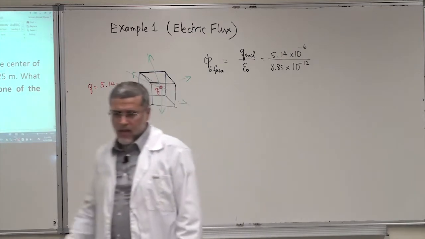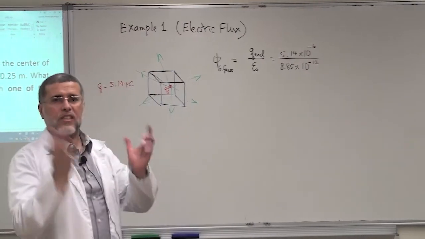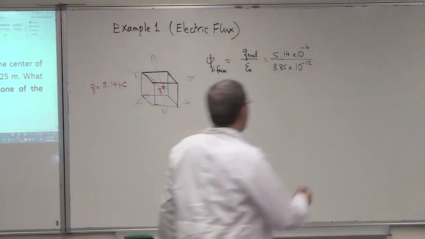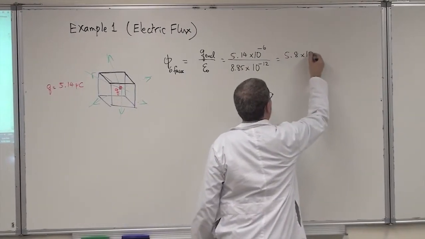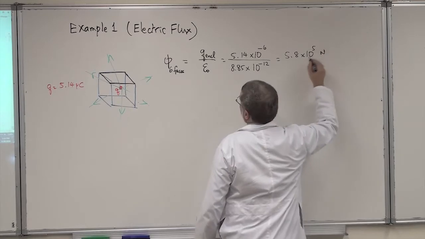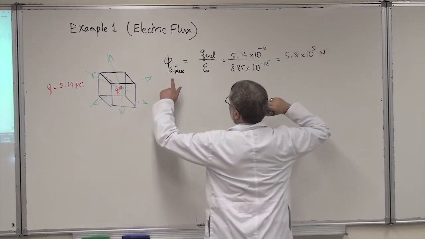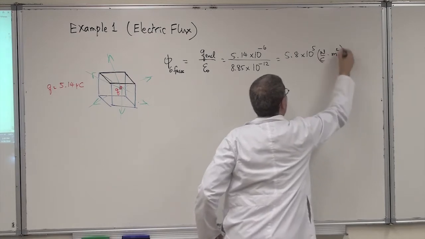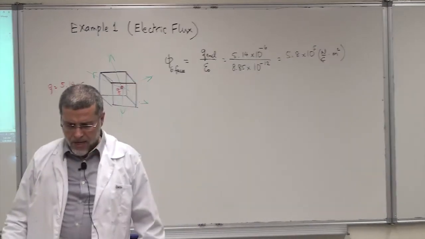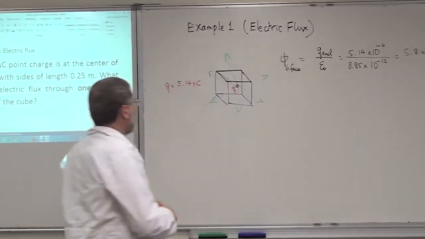This is the flux through the 6 faces, which is equal to 5.8 times 10 to the power 5 newton meter squared per coulomb. This is the SI unit of the flux. That's the flux through the 6 faces.